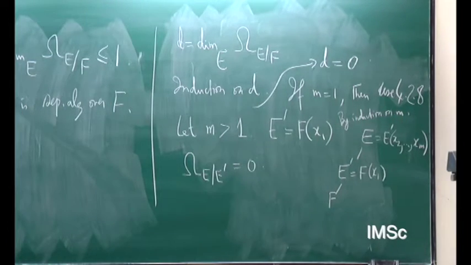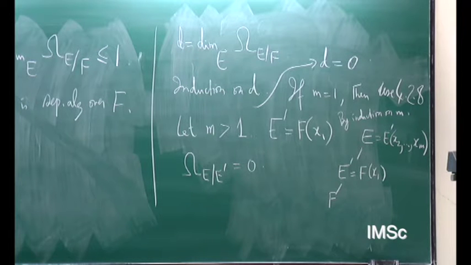What do I want to prove in this case? I want to prove that the transcendence degree is 0, that is, E is separable. I want to prove that E is algebraic separable over F. This is what the statement amounts to.